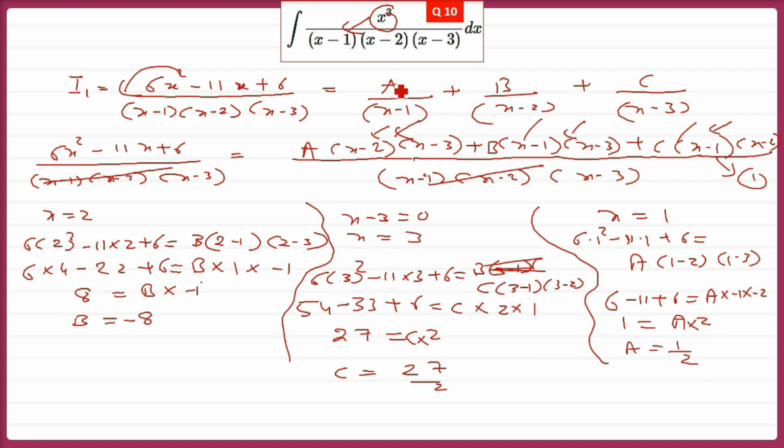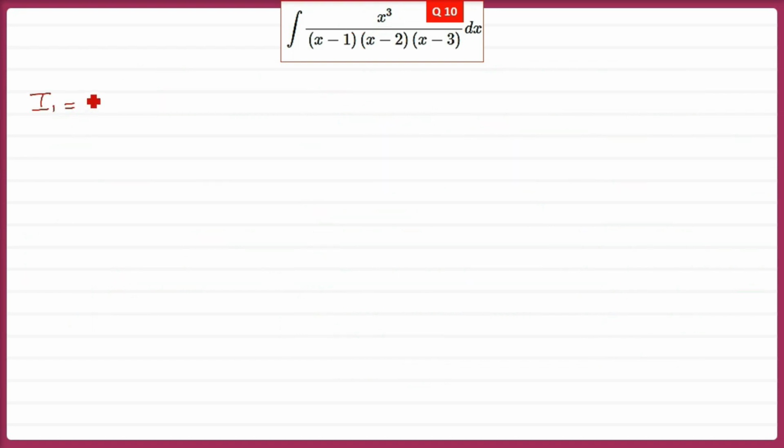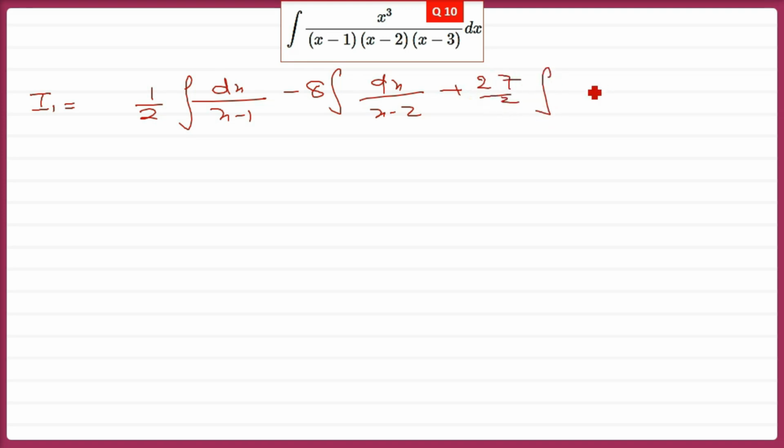Now here we are going to replace A by half, B by −8, C by 27 divided by 2, and we'll do the integration. So let me do the integration after taking out all these constants outside. So I1 became, after finding out A, B, C, half I'm taking outside, integration of dx/(x − 1) − 8 integration of dx/(x − 2) + 27/2 integration of dx/(x − 3).